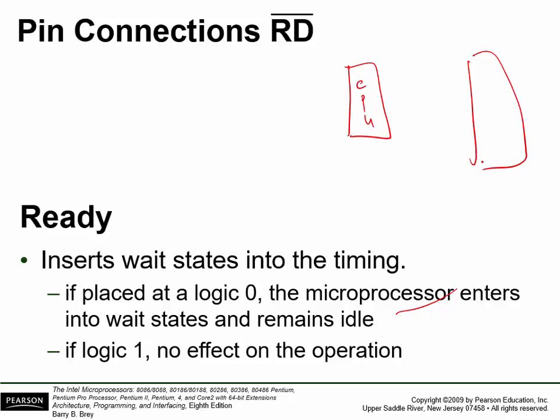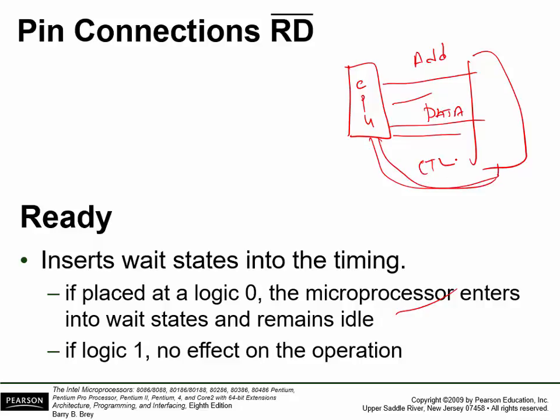Normally, these are our address lines, these are our data lines, and these are our control lines. We'll look at these various buses later on. The only thing that talks to memory is the CPU. That's in a normal microprocessor or microcontroller operation. The only thing that ever talks to memory is the CPU.